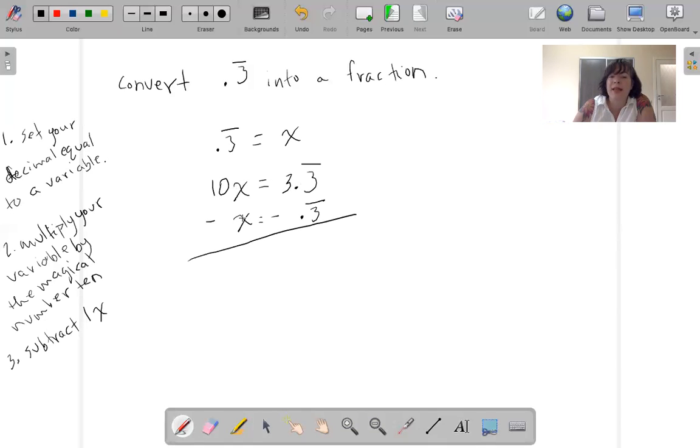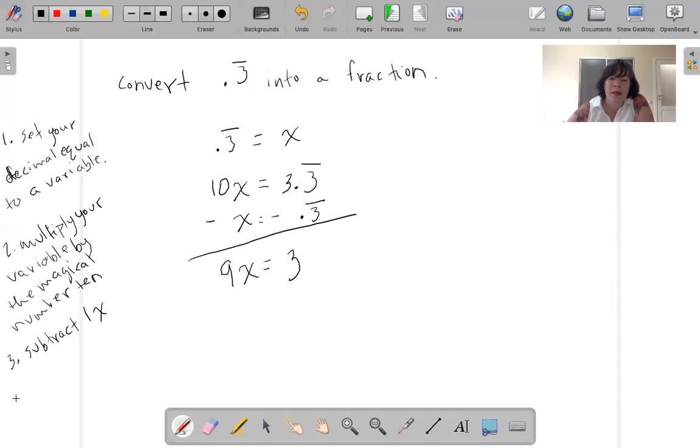What is 10x minus 1x? 10x minus 1x is 9x. 3.3 repeating minus 0.3 repeating. Well, 3 minus 0 is 3. 0.3 repeating minus 0.3 repeating is 0. So we'd have a 0.0 here.